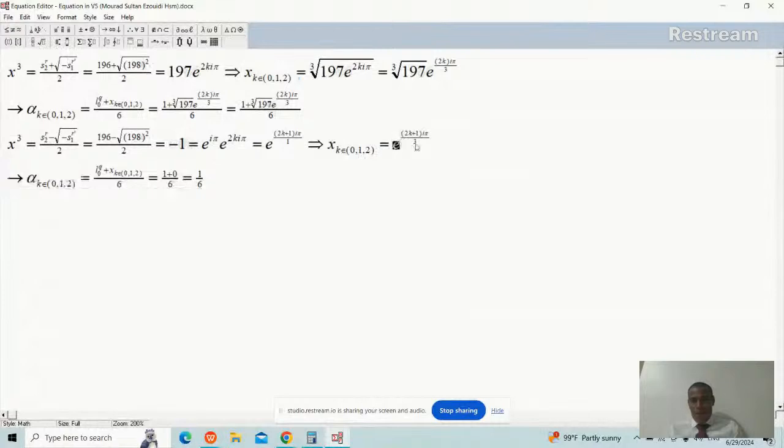L0 for the cube, which is 1, plus xk, divided by 6. I'll just write this as that. So this is the last answer. Now I will close the parentheses.